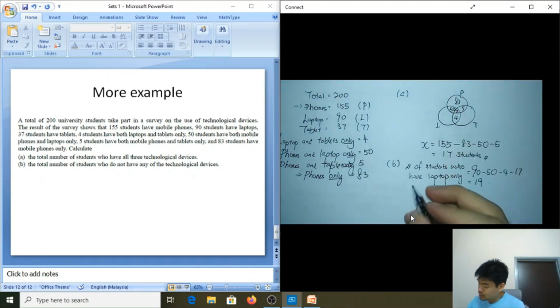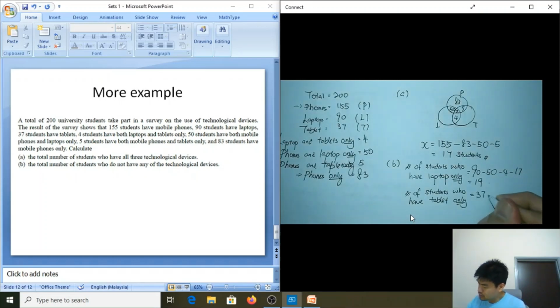So now we find the number of the students who have tablet only. What is the number that has tablet? 37, right?